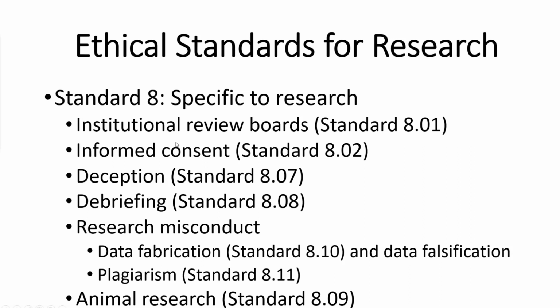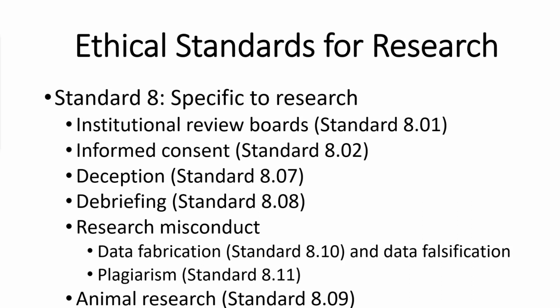And for both data fabrication and even into plagiarism, if you violate ethics, your institution can actually pull your ethical backing. And if you're at an institution as a researcher and the institution says they won't give you ethics approval, your career is pretty much over because you can't perform any experiments at all unless you have ethics approval.